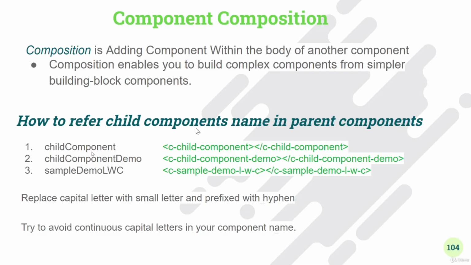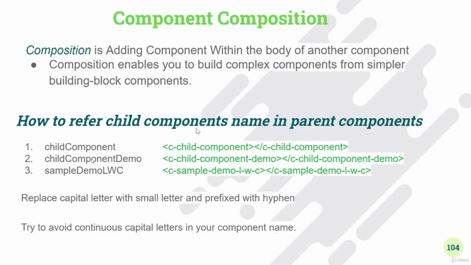In kebab case we replace each capital letter with a small letter prefixed with a hyphen. So if our component name is childComponent, it converts into c-child-component. The c- prefix is very important because it is the namespace in which you are using your component. Every time c- will come, and the rest of your component name converts into kebab case.